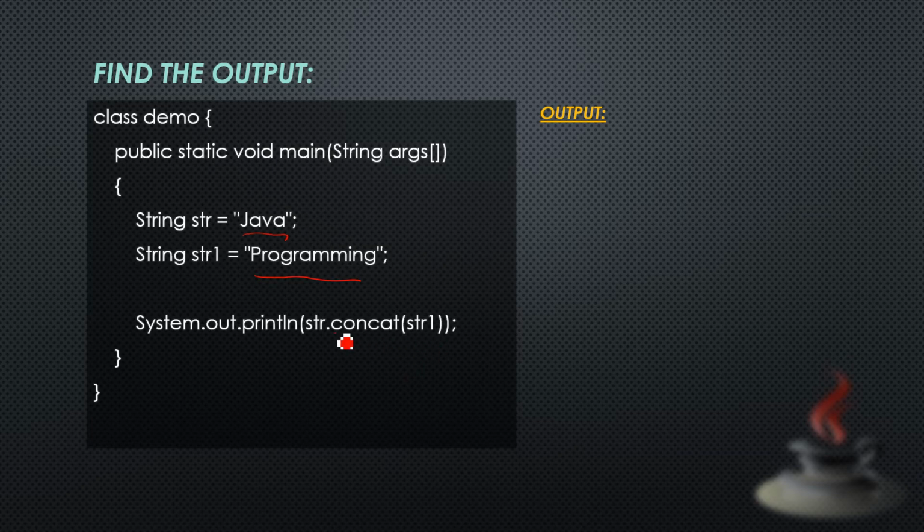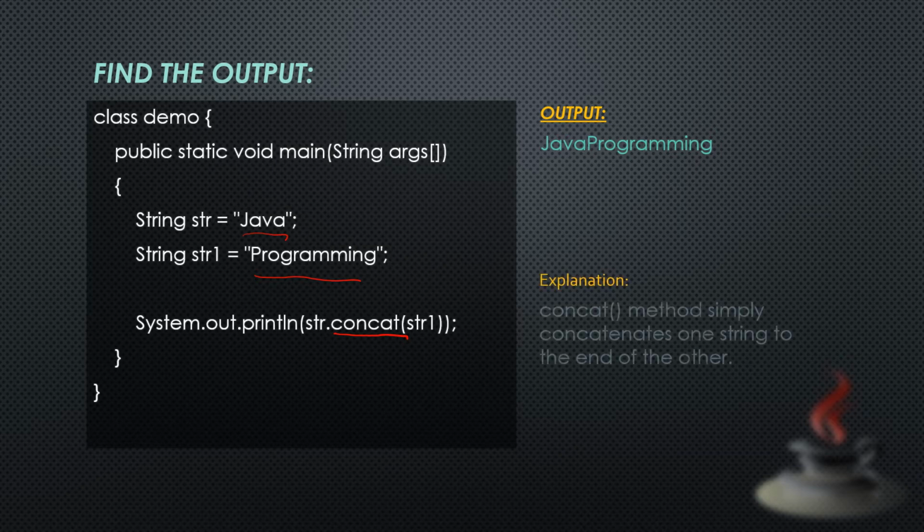So if you see the concat method, it will concatenate the first string, that is str, Java, with the second one, that is str1, programming, without any space. So the output is Java programming without any space.